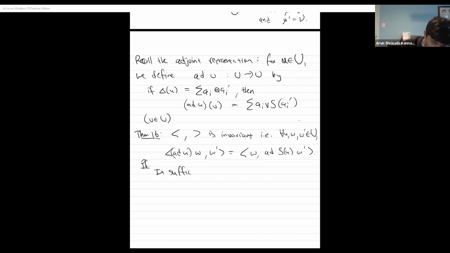So it suffices to check on the generators of U, starred, on w prime arbitrary and u a generator.